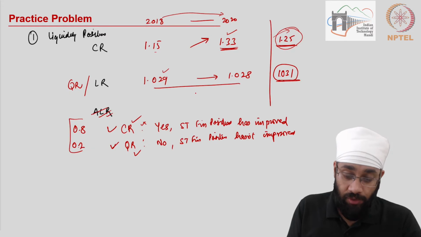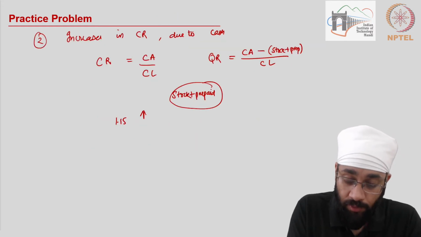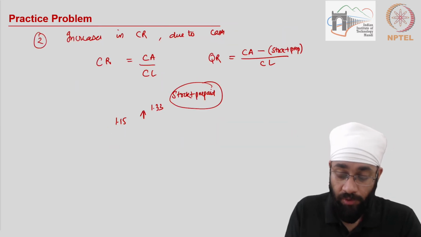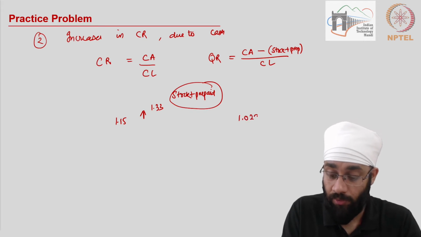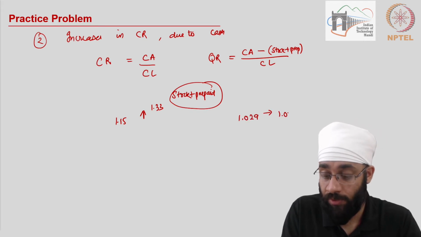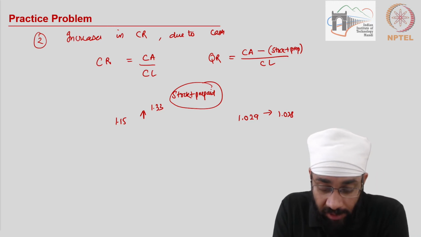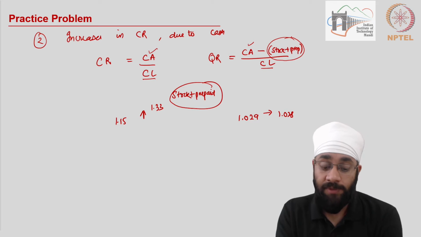Now the current ratio is going up from 1.15 to 1.33. On the other hand, quick ratio stays the same, 1.029 to 1.028. It actually goes down a little bit. So current liabilities are common in both the numbers. Current assets are common. Only difference is the stock and prepaid expenses.